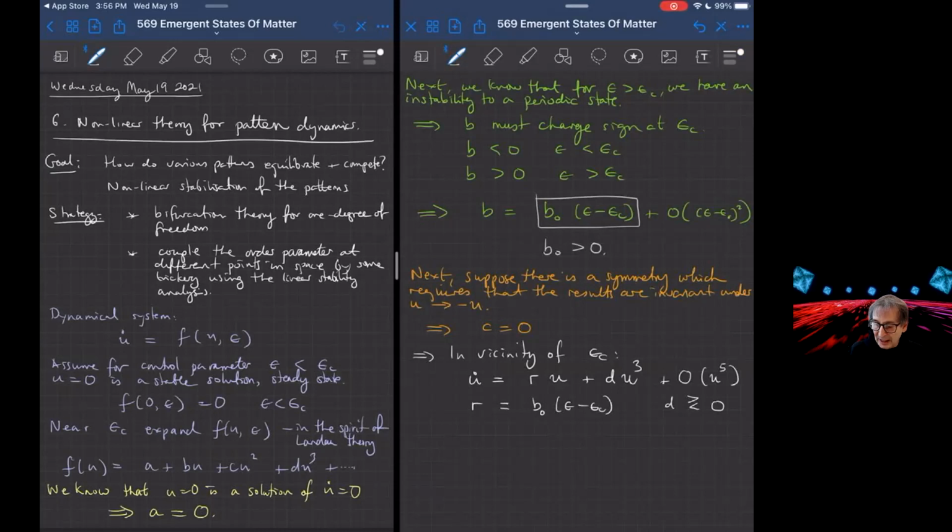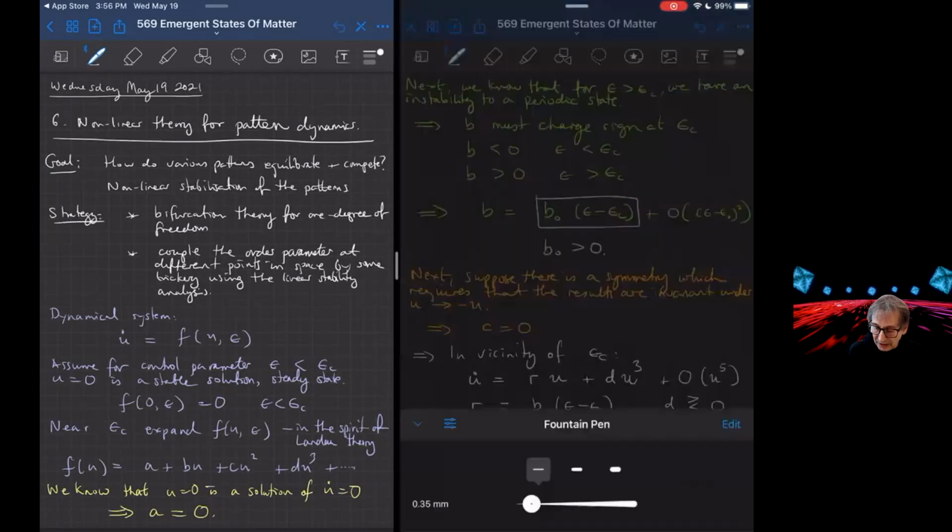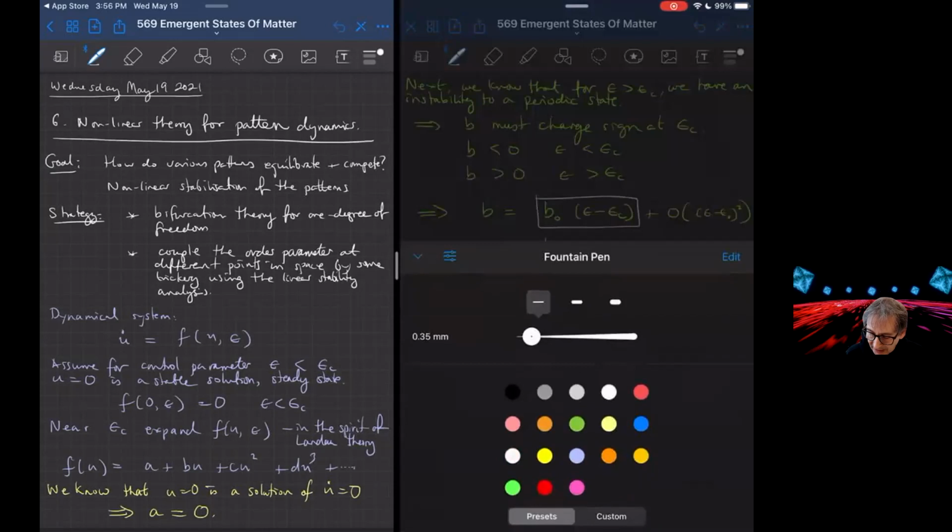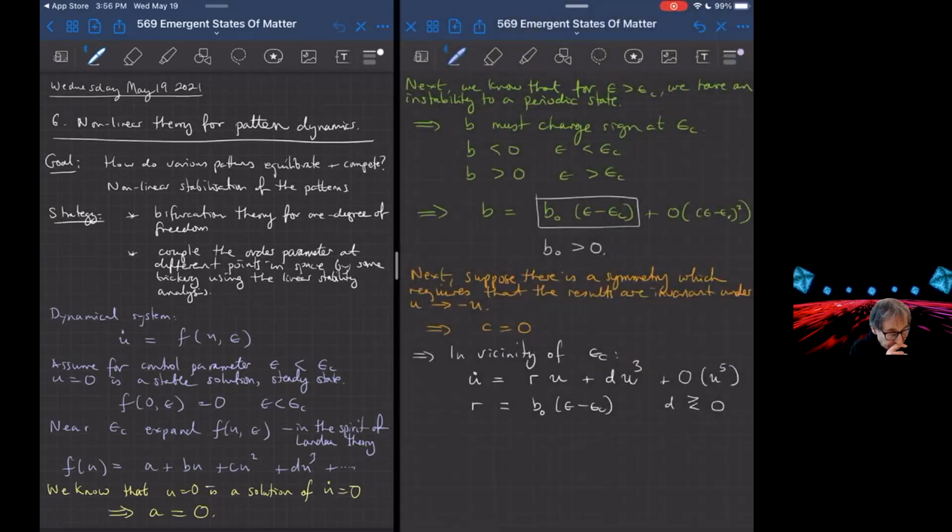Okay, so let's then have a look at what this tells us about the solutions. So if we now look for the steady states, then we can simply read off.